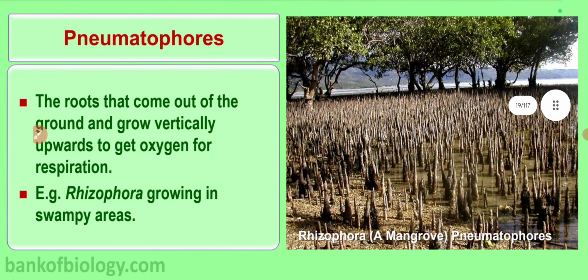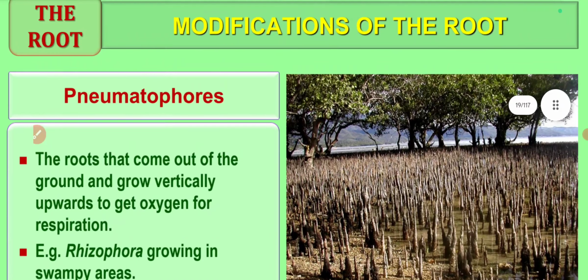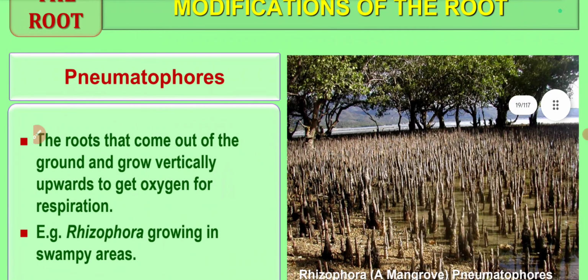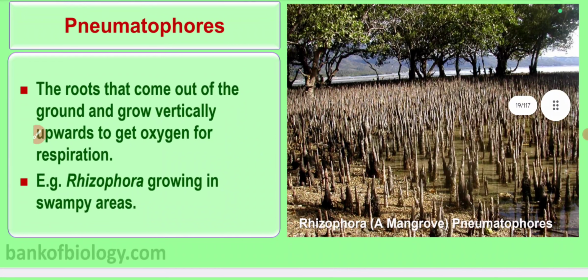Next, pneumatophores. Pneumatophores are an important point. Many times this topic is asked in the exam. They are roots that come out of the ground and grow vertically upward to get oxygen for respiration. Example, Rhizophora growing in swampy areas.